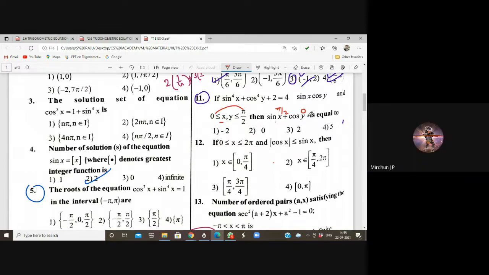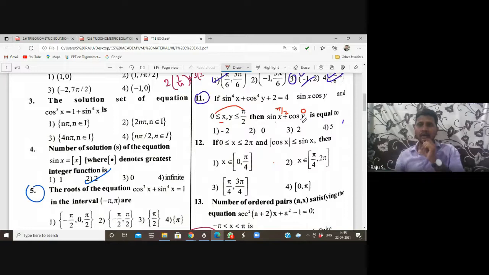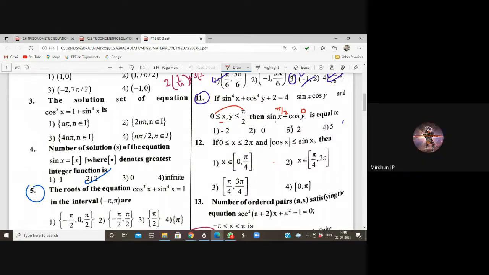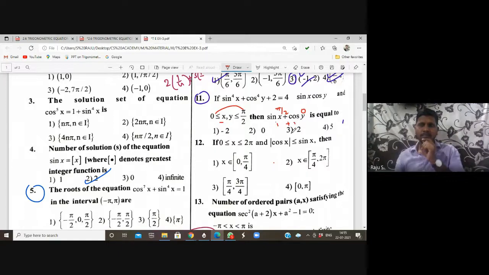Sin pi by 2 is 1. 1 plus 1, third option. Am I right? Cos 0 is 1. Sin 90 is 1. 1 plus 1, 2. Okay.